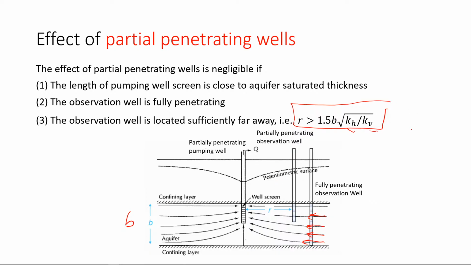So r needs to be larger than this. In that case, it should be fine, even if your well is not fully penetrating, because you still have horizontal flow here, no vertical gradient.